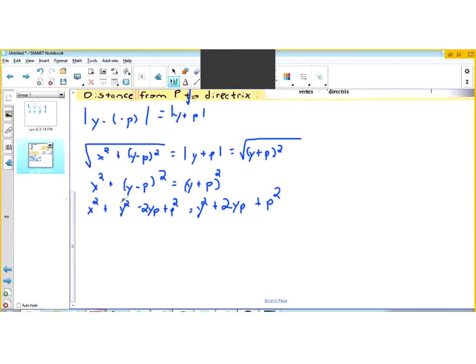And then what happens? The y squares cancel, the p squares cancel, and let's add 2yp to both sides. If we do that, we get x squared is equal to 4yp.